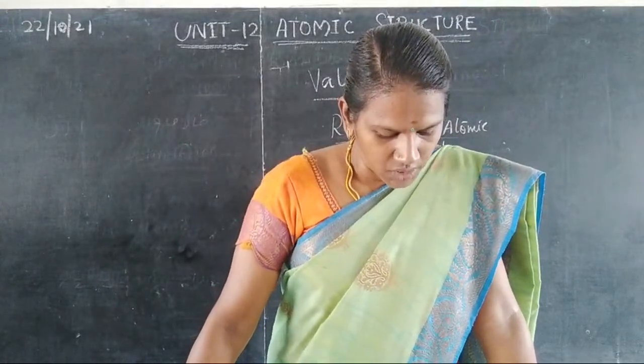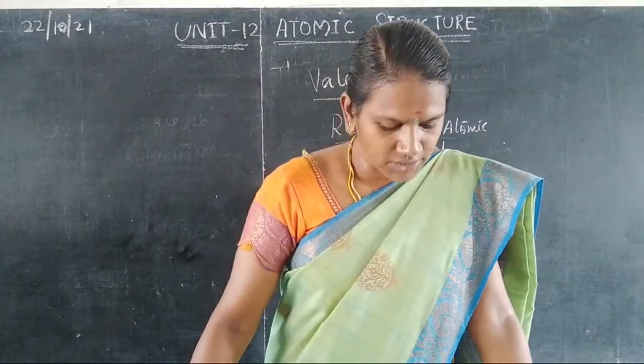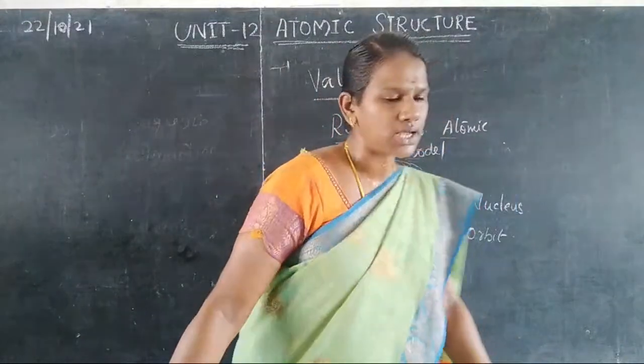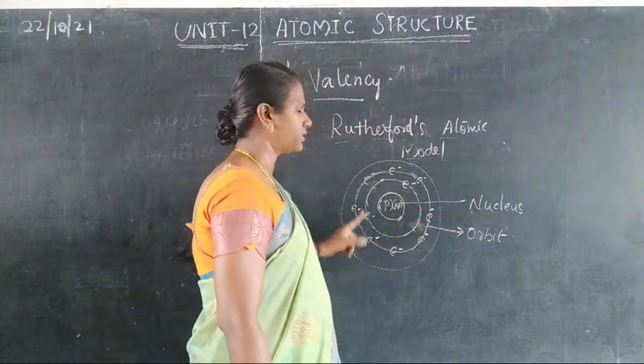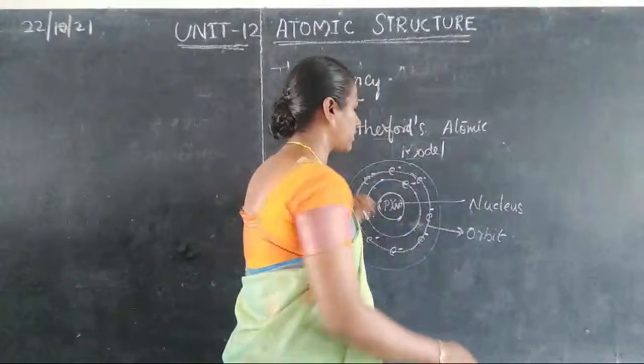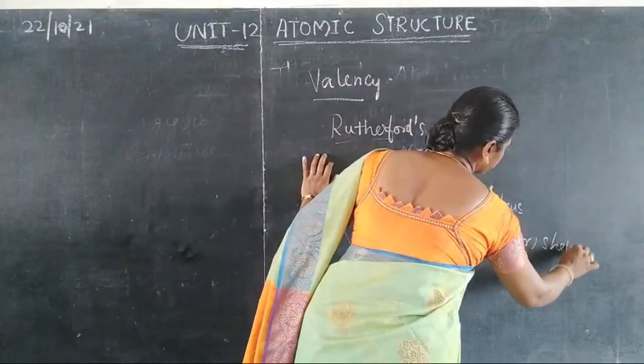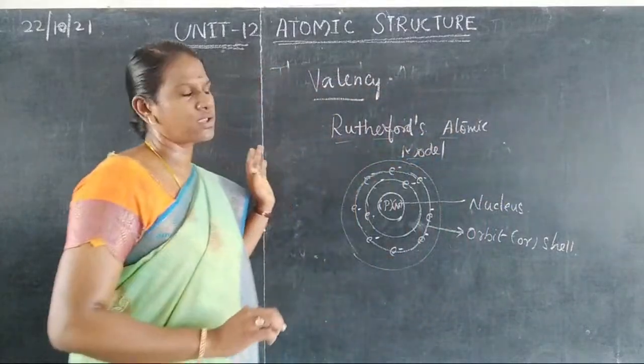So, protons and neutrons are found at the center of an atom called the nucleus. Electrons are revolving around the nucleus in a circular path called an orbit, otherwise known as a shell.